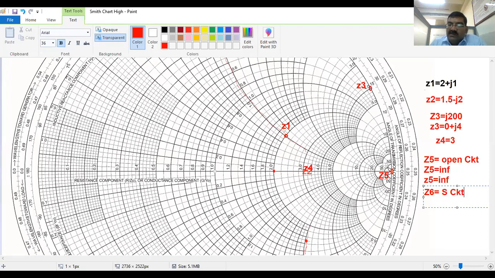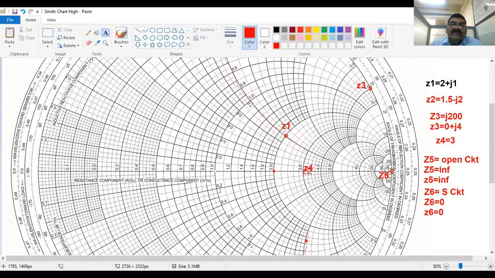So for the short circuit, what will be the actual value? Z6, anybody quickly? Capital Z6, 0. So 0 by 50, small Z6 will be 0. So where is 0 located? Left hand side or right hand side? Where is your 0 located?